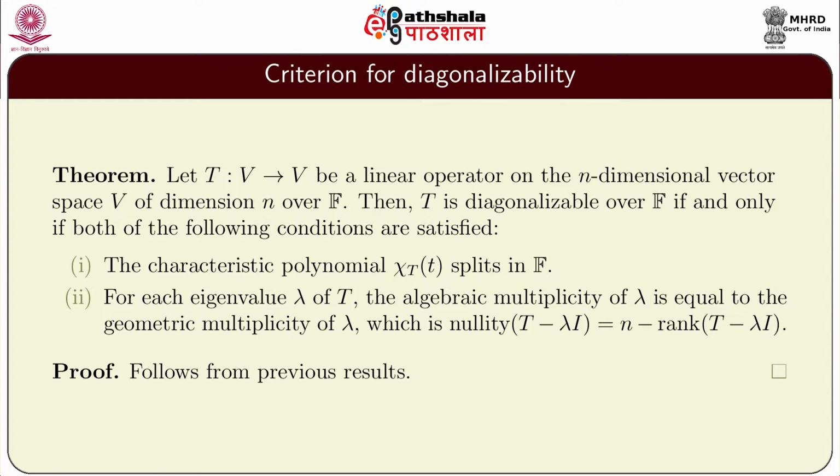Well, you can see that it is nothing new. It is the same theorem written in terms of rank and nullity. But the merit is that this indeed makes the criterion computable, because rank is something that we can compute through the row reduced echelon form.